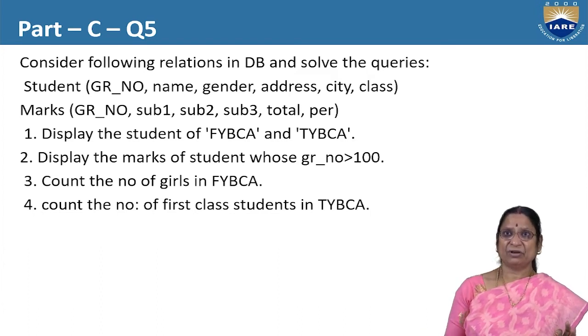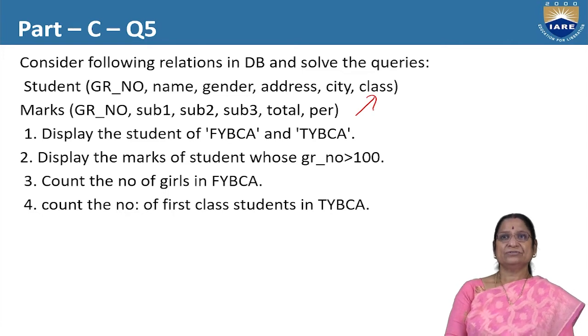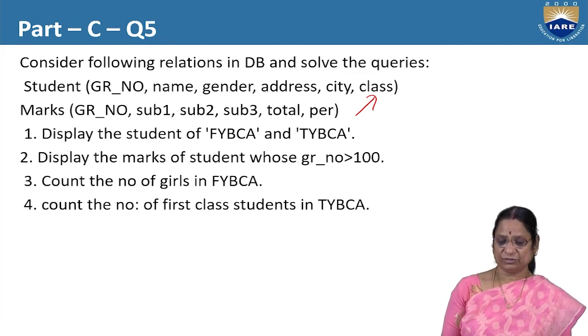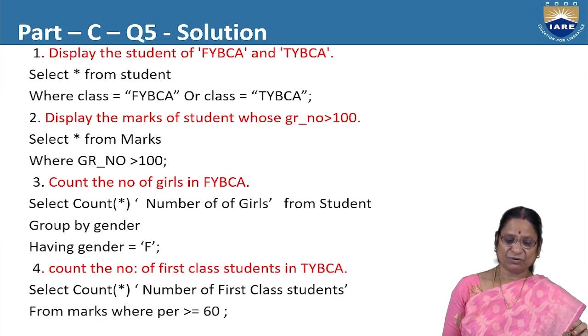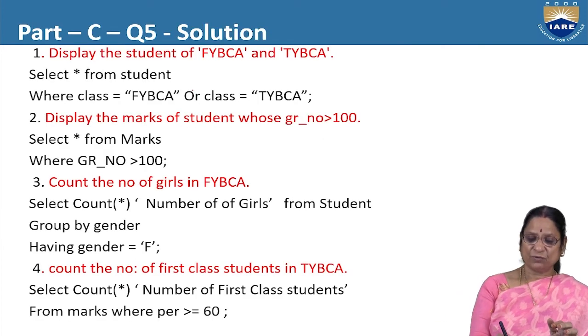So what is this FYBCA and TYBCA? It is related to the class. So display the students of FYBCA means select star from student where class is equal to FYBCA or class is equal to TYBCA. Sorry, here in the query it was given as an AND operator. So instead of OR you can use AND.